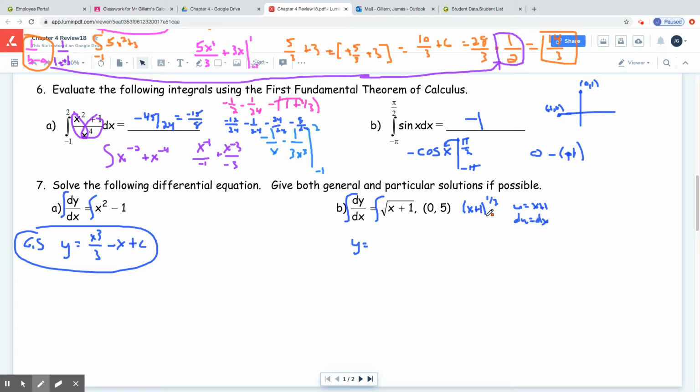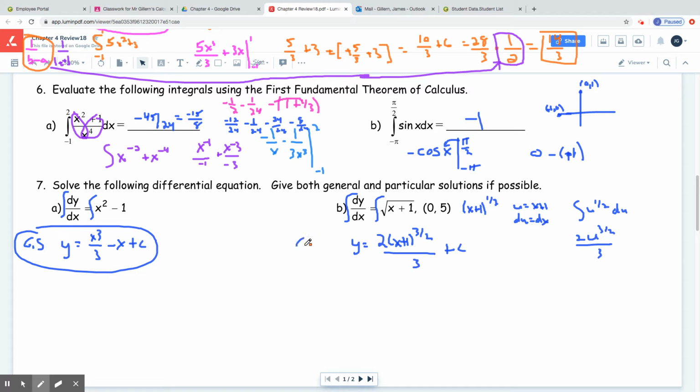This actually works out okay to just do a normal power rule, because we can rewrite this as the integral of u to the 1/2 du. 1/2 plus 1 is 3/2, so this is 2u, which is x plus 1, to the 3/2 over 3 plus c.